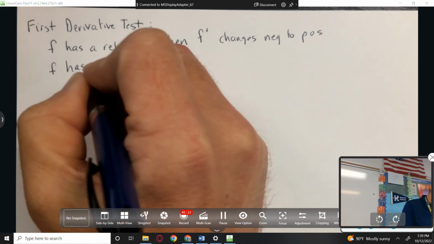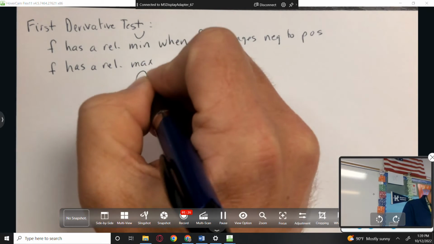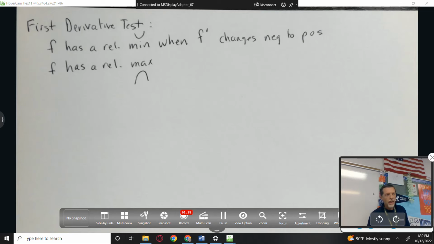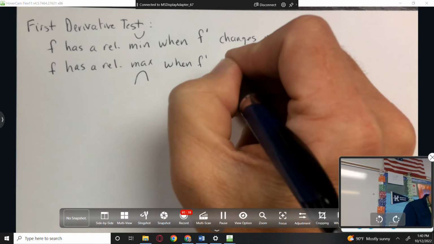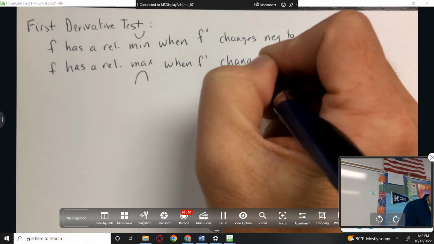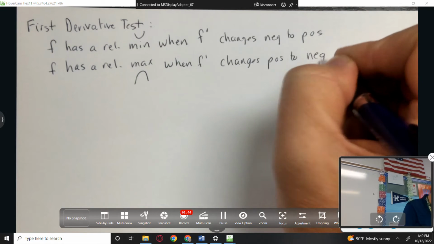And once you've got one of them, it's easy to know the other one. F has a relative max, so top of a mountain, when F prime changes from positive to negative.